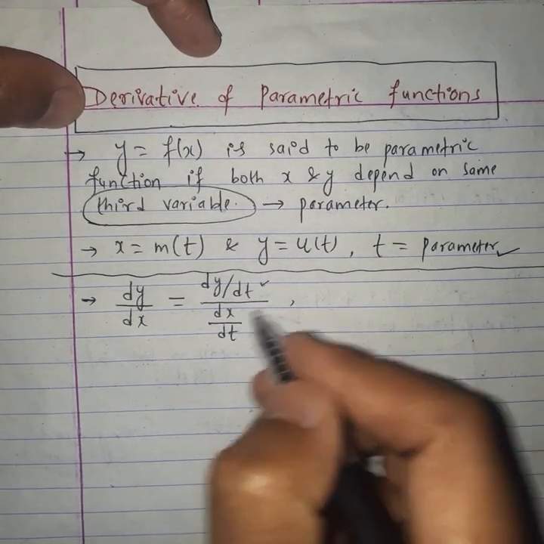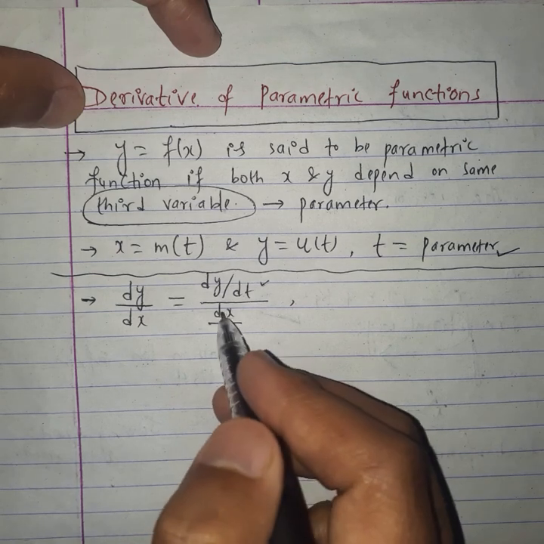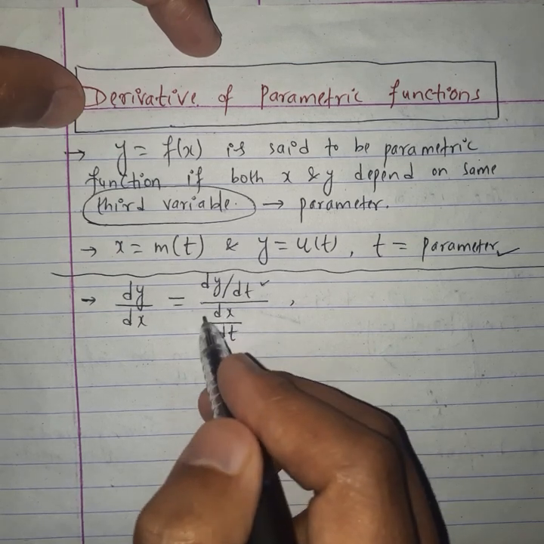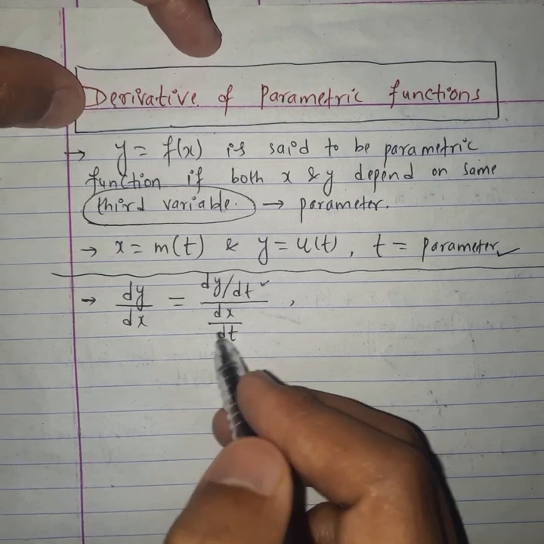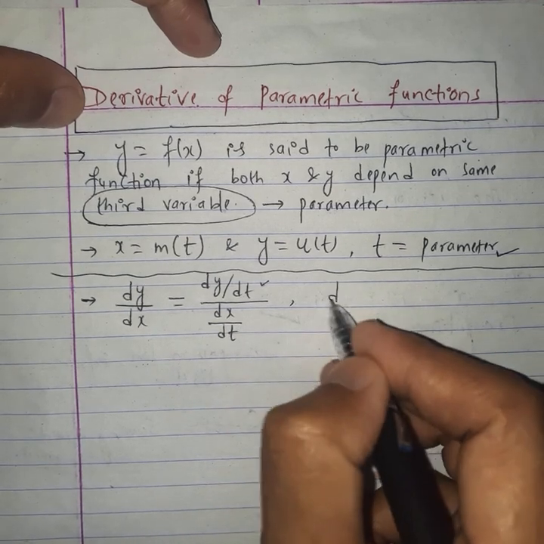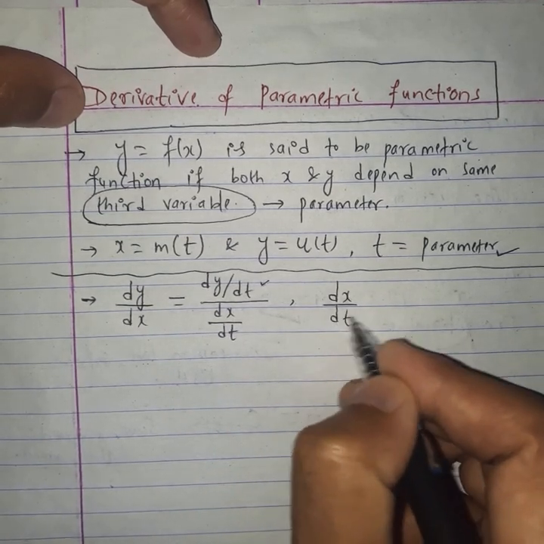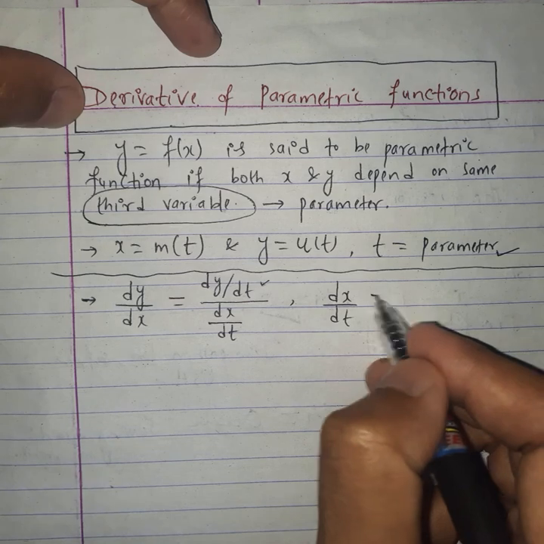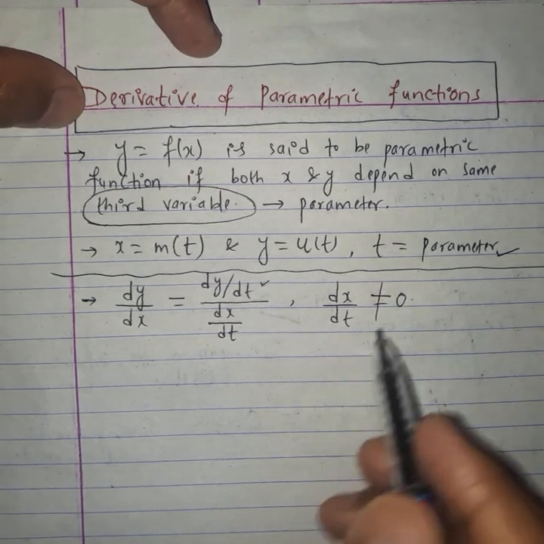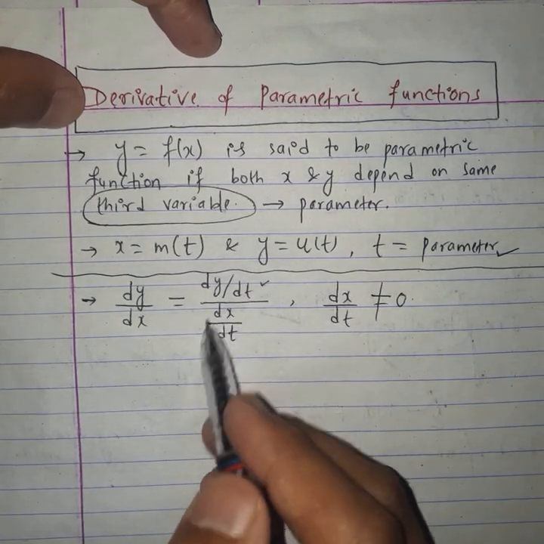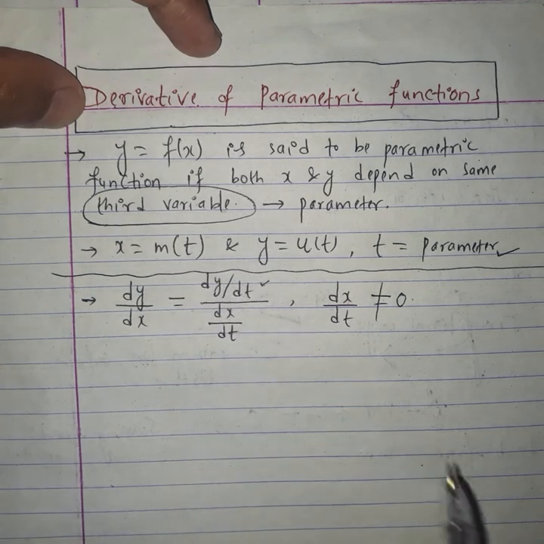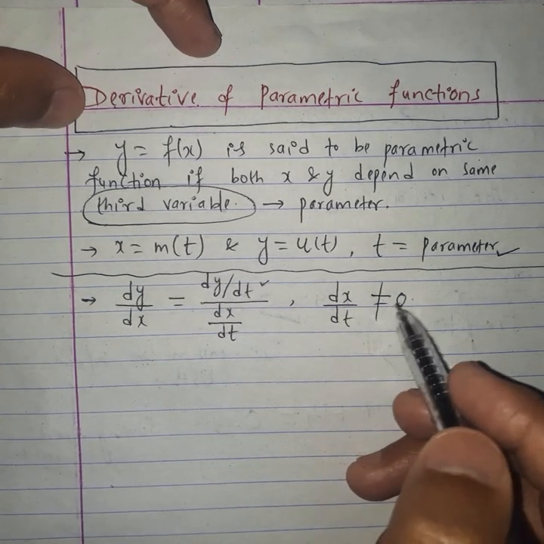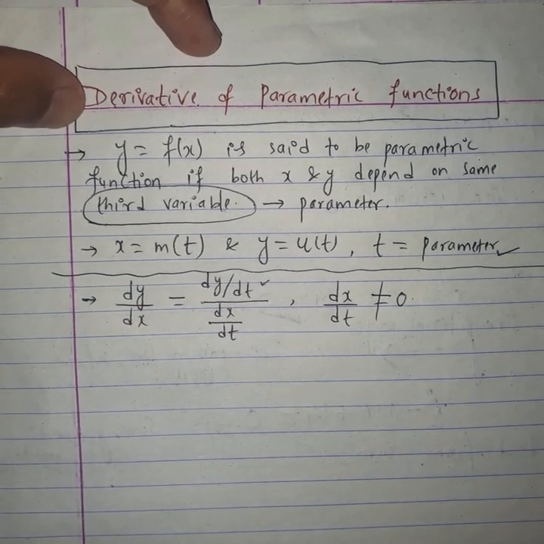But here the condition is that the derivative in the denominator should not be equal to 0. The dx over dt should not be equal to 0 because it is present in the denominator of this fraction, so it cannot be equal to 0.